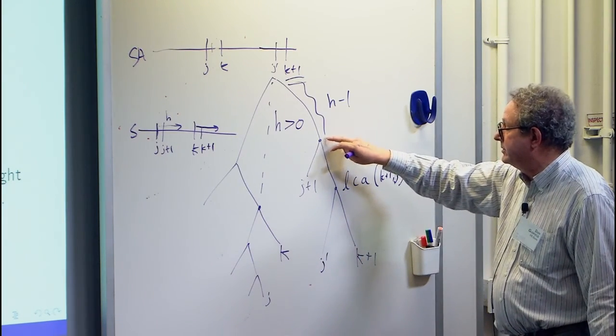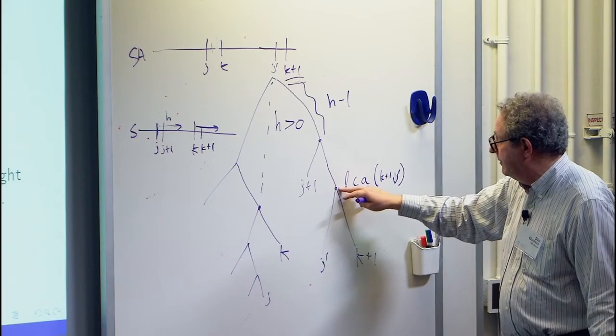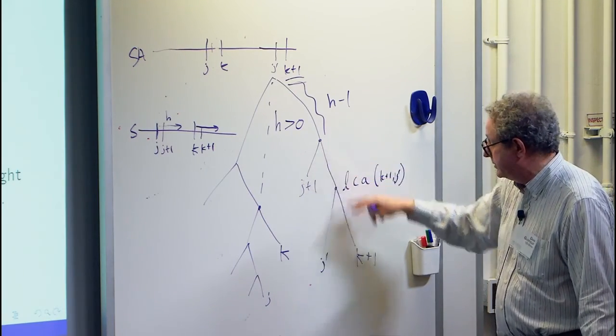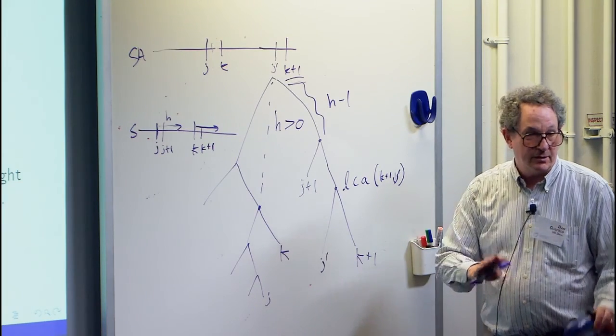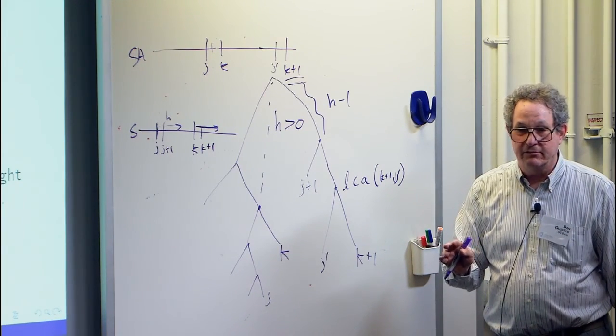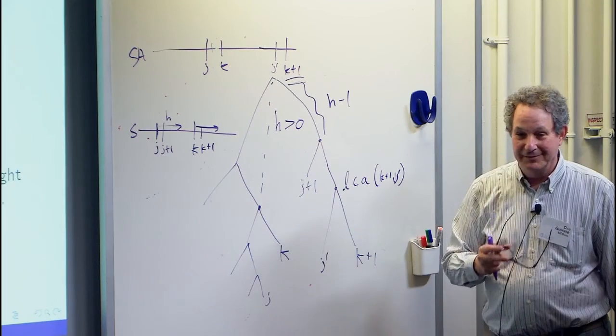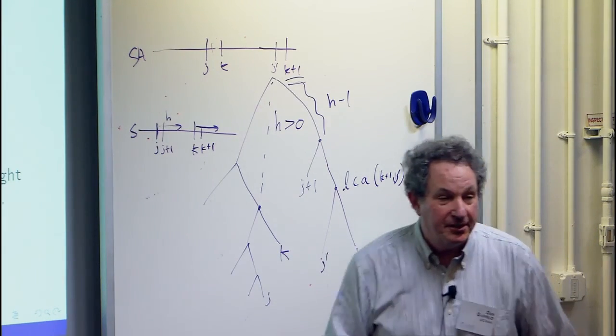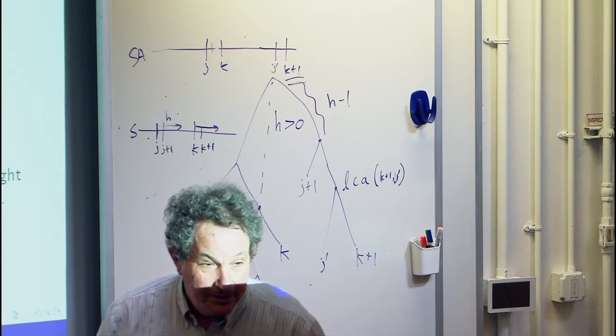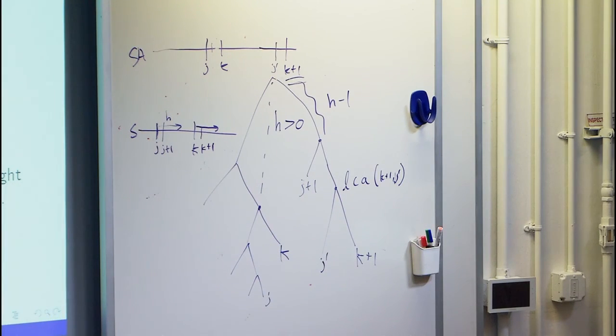And this has got to be above this point because this is a common ancestor of both J prime and k plus 1. Picture tells everything. Everybody get it? Why is J plus 1 a common ancestor? Why is J plus 1 an ancestor of J prime? I mean, you've drawn it that way. Why is J plus 1 an ancestor of J prime?